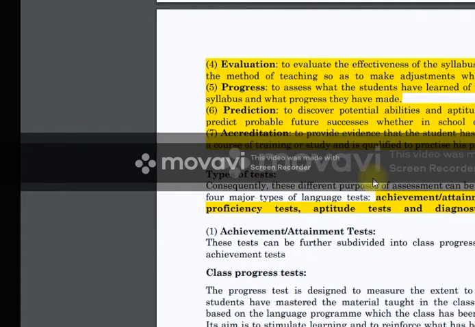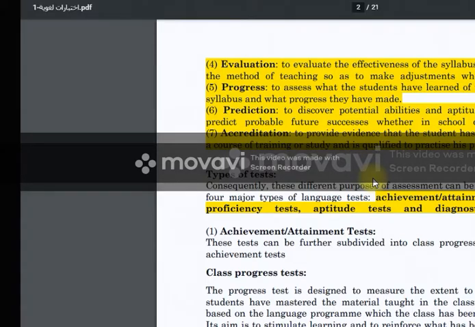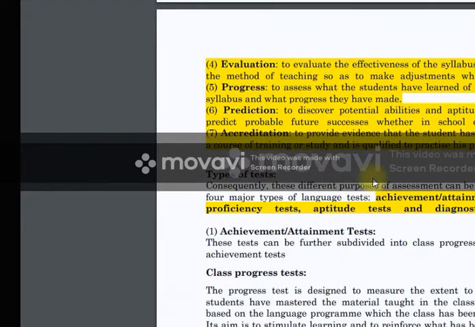For example, the first question is related to grammar, the second is related to phonology, the third is related to speaking, and so on. Depending on the performance in this test, for example, the student got 40 out of 50 in grammar.